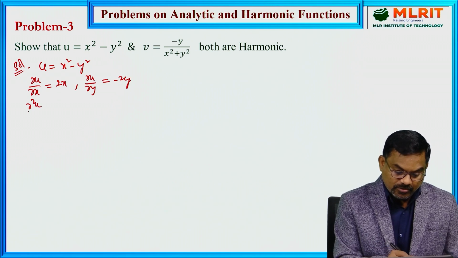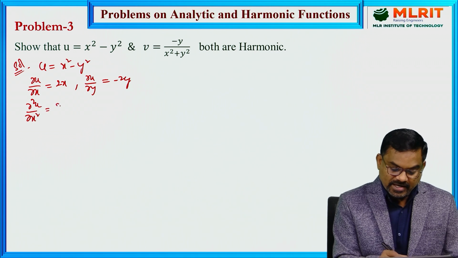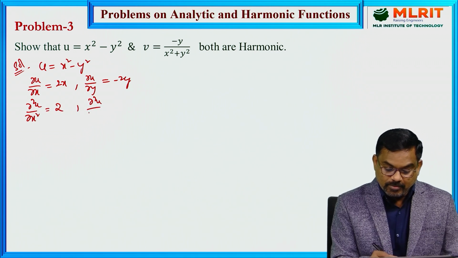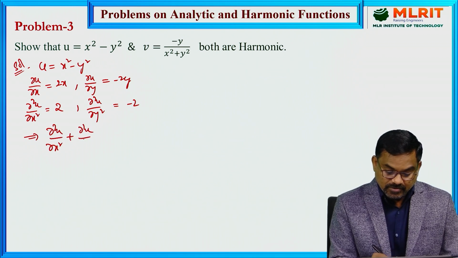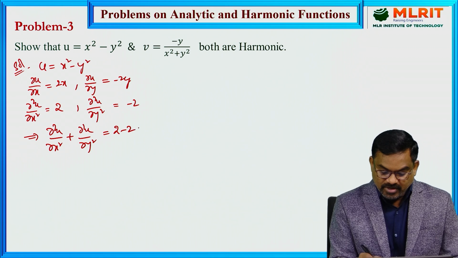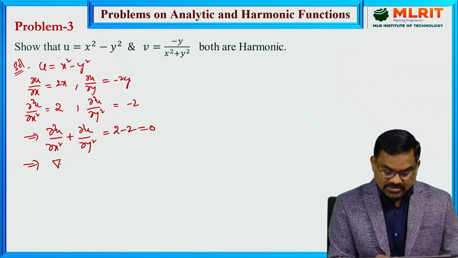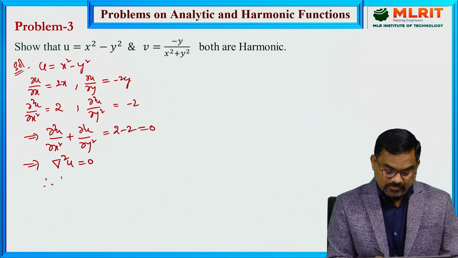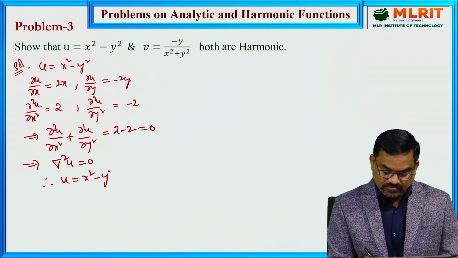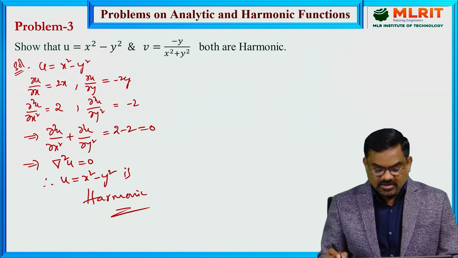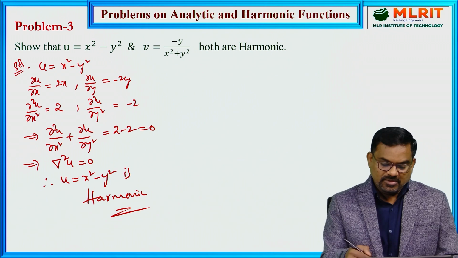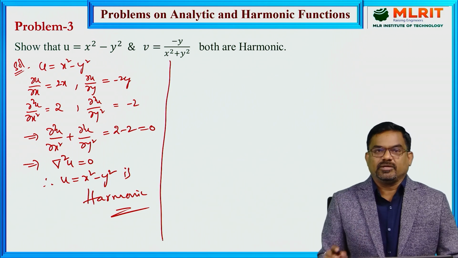Dou square u by dou x square, again differentiating, 2, dou square u by dou y square, minus 2. Adding these two, dou square u by dou x square plus dou square u by dou y square is 2 minus 2, 0. That implies del square u is 0. Therefore, u equal to x square minus y square is harmonic. Since the function is simple, the derivatives are simple and we can prove this.